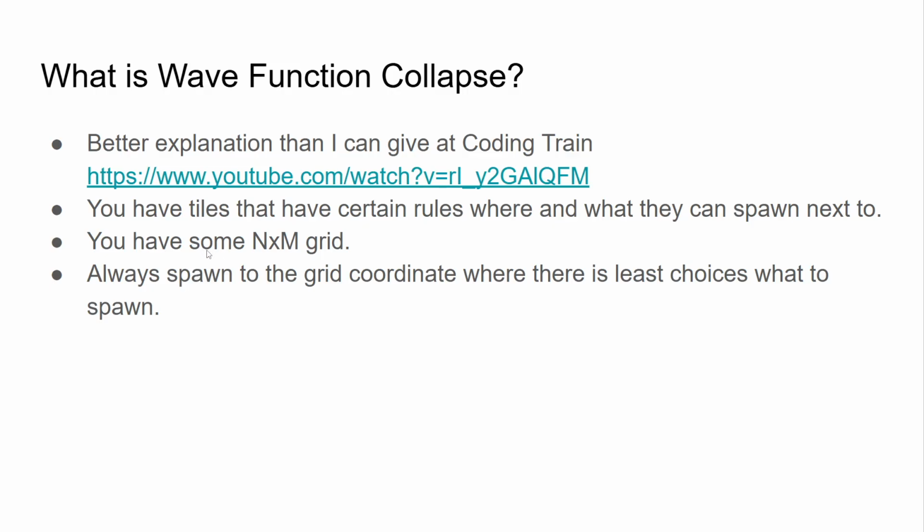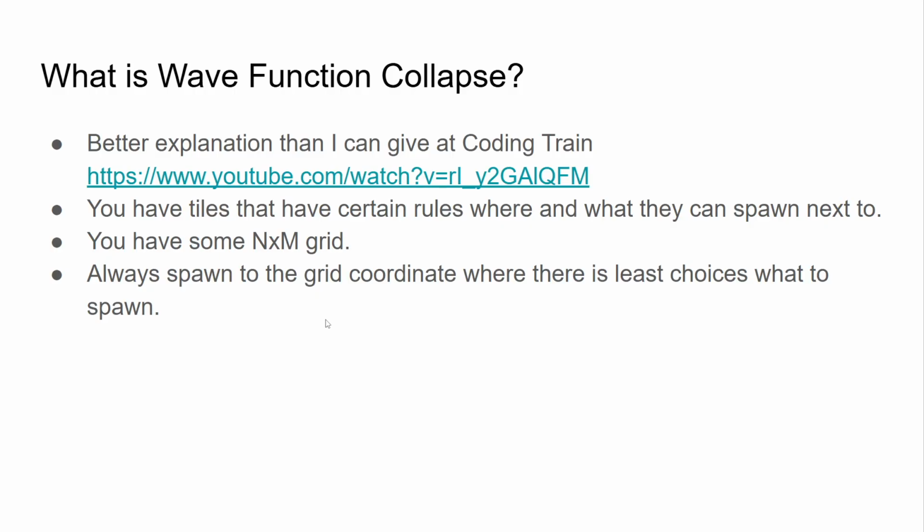So the basic idea of wave function collapse, at least the way I've understood it, is that you have some size of grid, and then you have some tiles. The tiles have rules like where they can spawn or what they can spawn next to, and then you go through the whole grid, and for each time you try to spawn a new tile, you go through the whole grid and try to choose the position that has the least options.